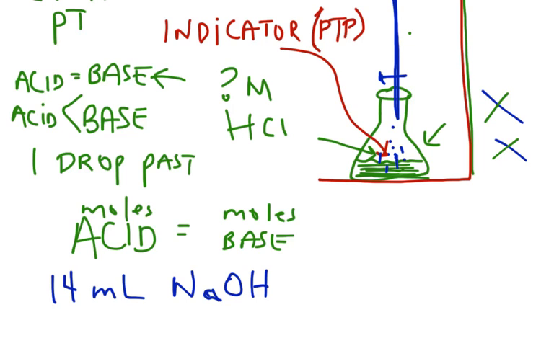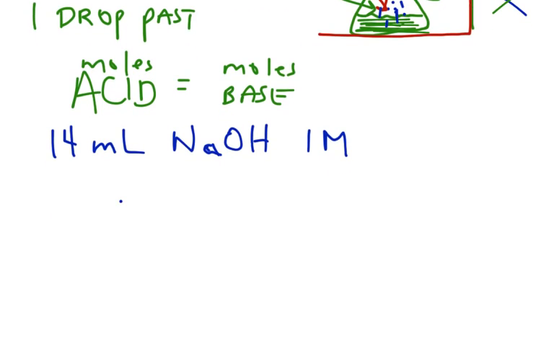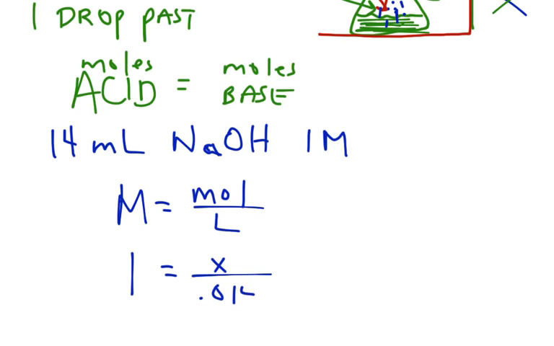It's something that we're going to talk about in class some. You can look it up and you'll read a little bit more. But I can look up my concentration here, figure this out. If it took 14 mils of NaOH that was 1 molar, in fact, I'll do this for you guys right now. Molarity is equal to moles per liter. So if it took 14 milliliters of 1 molar, 0.014, that means it took 0.014 moles to get 1 drop past that equivalence point.